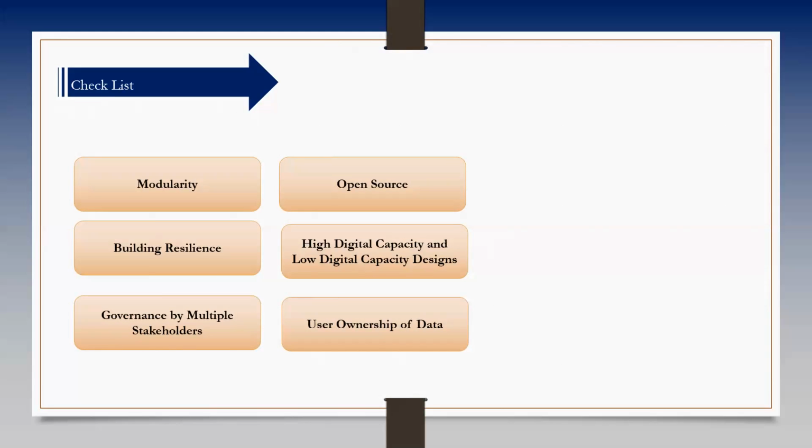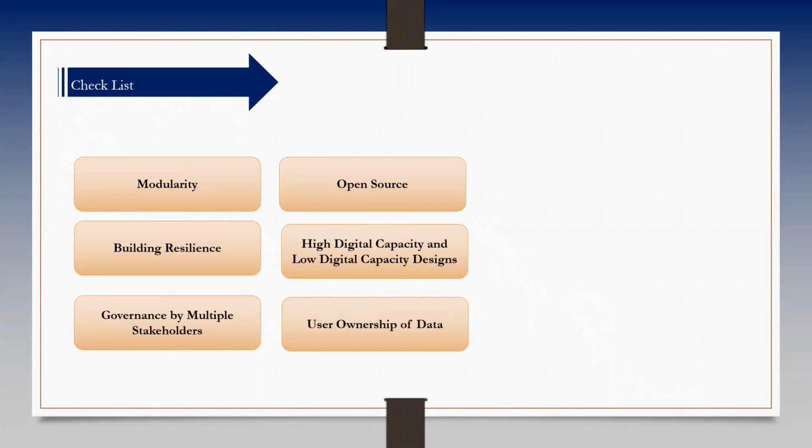The third one is building resiliency. Digital services drive resiliency by providing new means of accessing public services. Governments need to layer digital tools on top of analog systems to build redundancy, mitigate risk, and prevent single point of failure vulnerabilities.